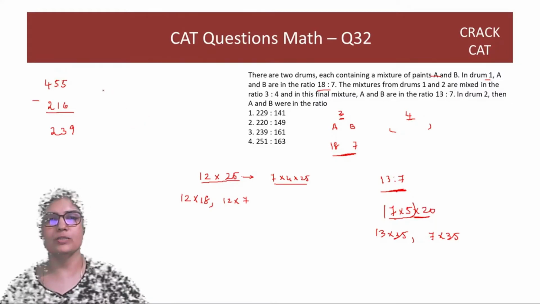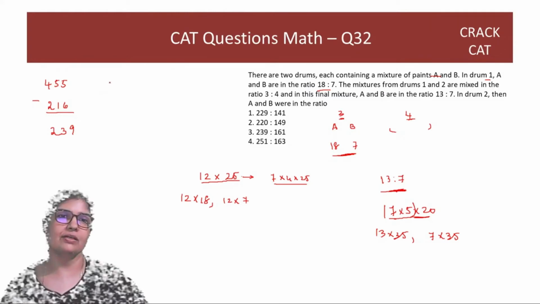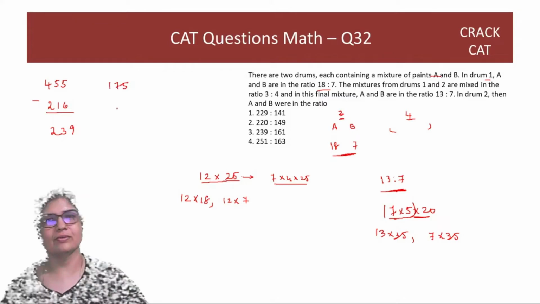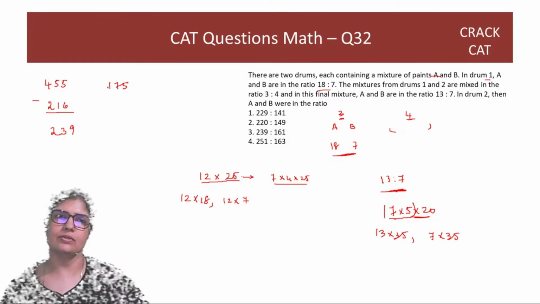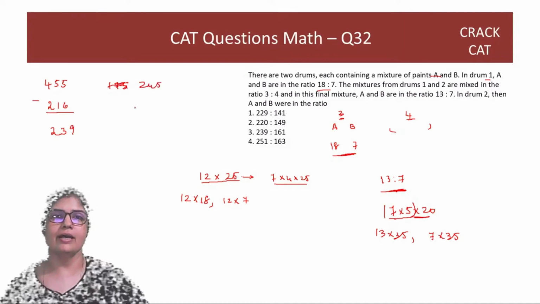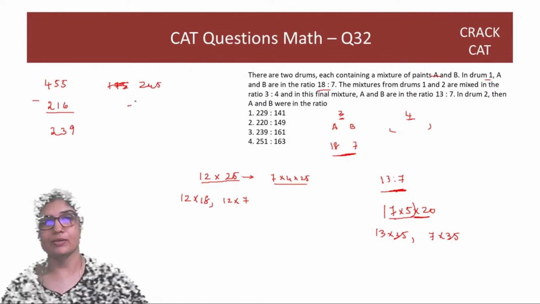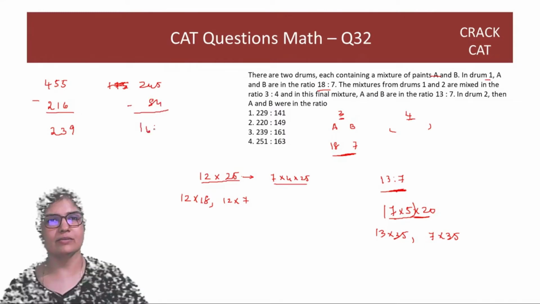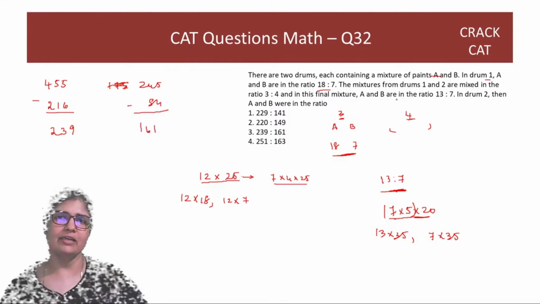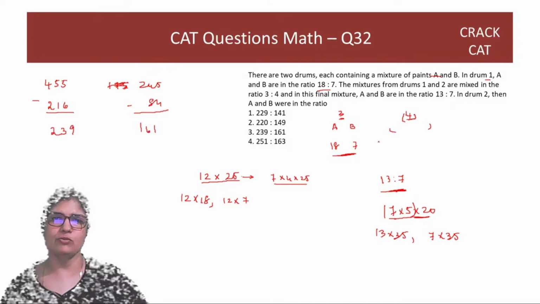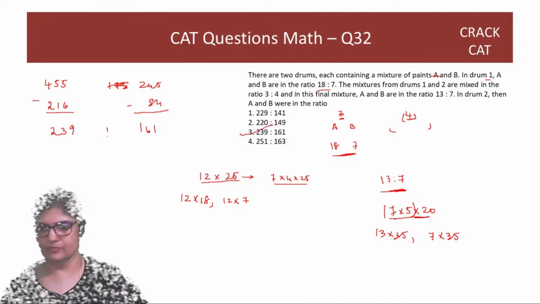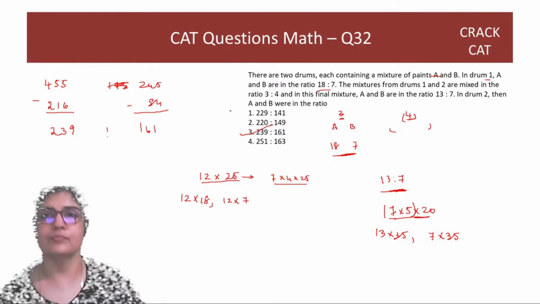That is going to be 7 into 35. That is 175. No, it's not 175, it's 245. And then you have 12 into 7, 84. So 161. So of course you can say yes, divided by 4 and multiply by 4, but the ratio will be conserved anyway. So answer is option 3, 239 into 161.